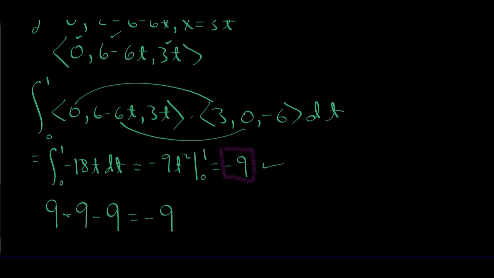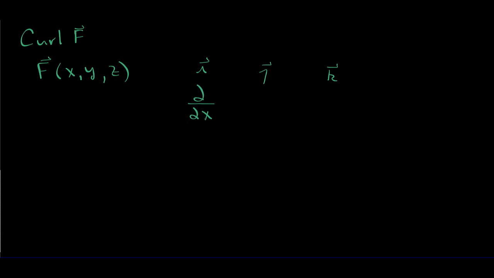And that shorter method is going to involve the curl. So let's remind ourselves about the curl. The curl of f. Okay. So we want to find the curl of f. Now recall, if you've got a vector field, you've got x, y, z. If you have this vector field and you want to talk about the curl, we set it up this way: i, j, k, and then we have the derivative operator, partial with respect to x, partial with respect to y, partial with respect to z.